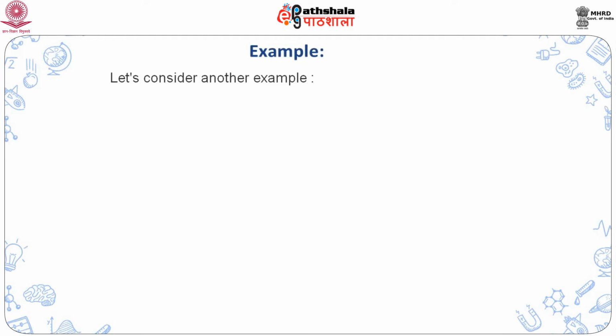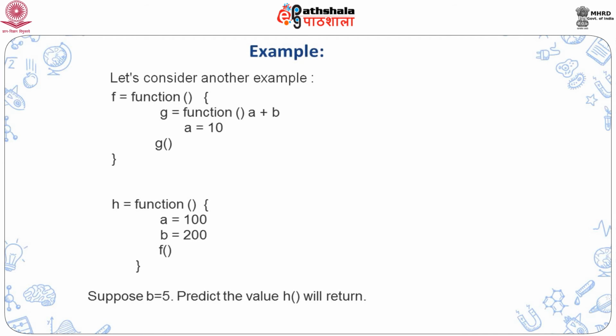Consider another example. Here f is a function, and within the f function we have g, which is a plus b, and here we are specifying a is equal to 10.